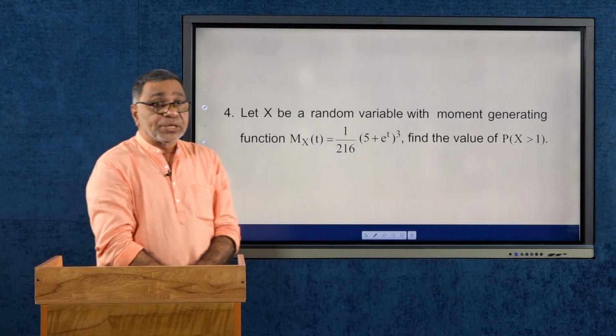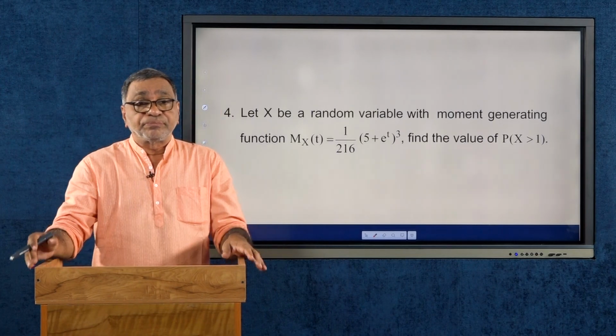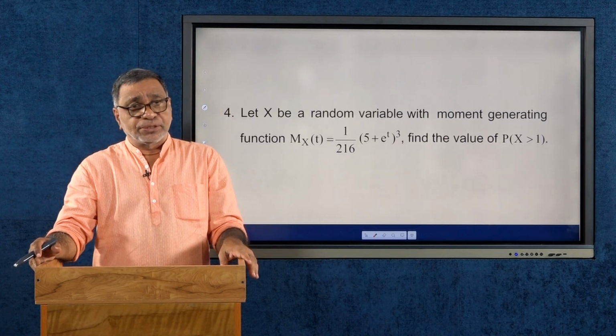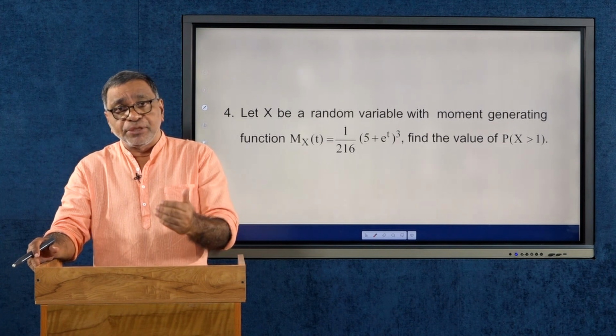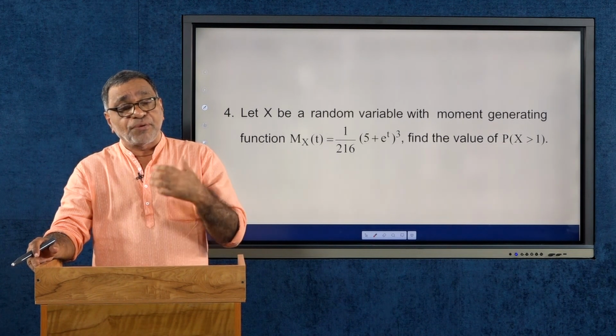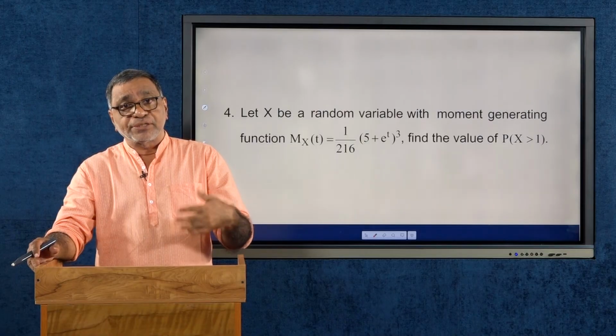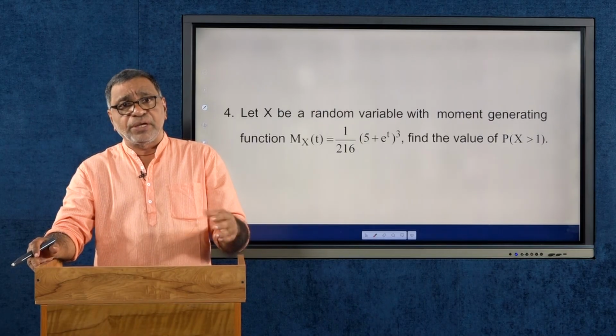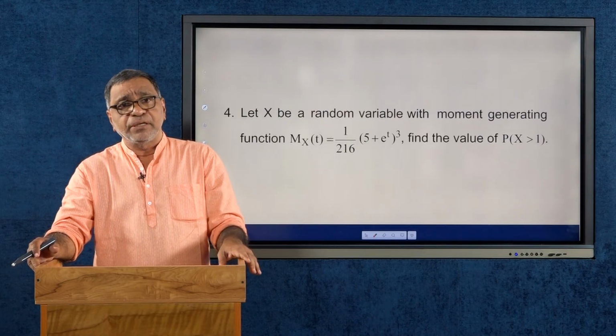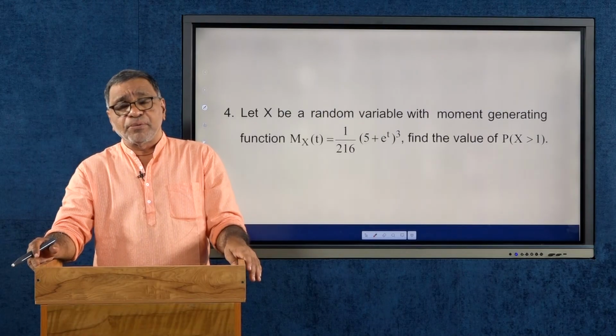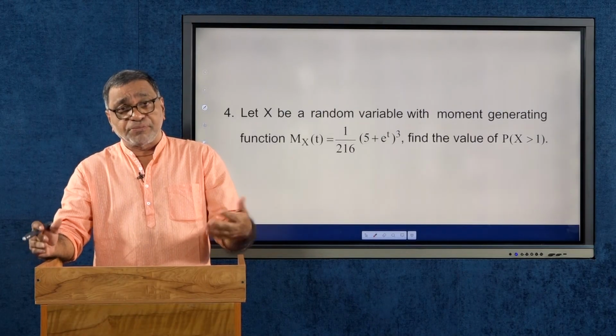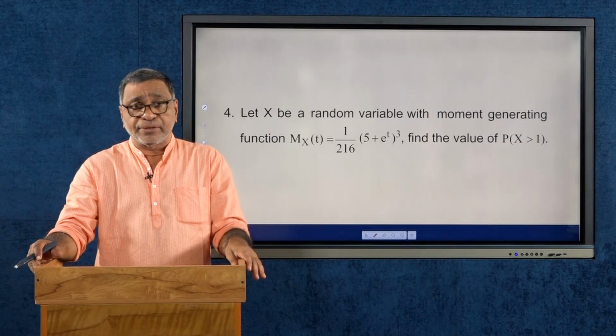So, this is a question where you are given the moment generating function, and from the moment generating function you can find the probability of x greater than 1, or the variance, the mean, the probability of certain other events, etc.